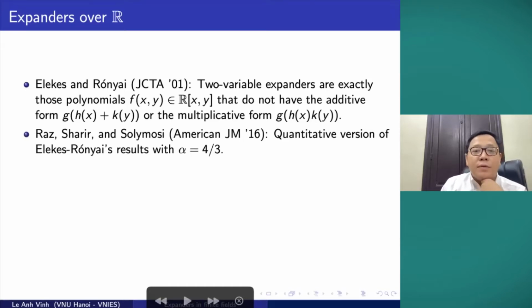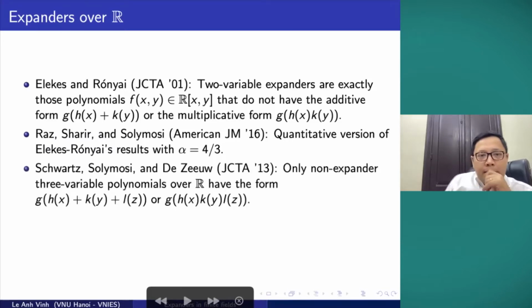It is 4/3. So if you apply a two-variable polynomial that does not have the additive or multiplicative form, then the size of the set will increase at least by a power of 4/3.